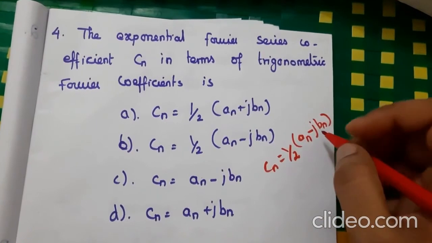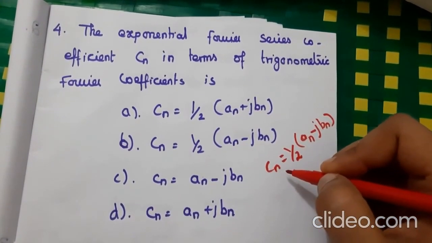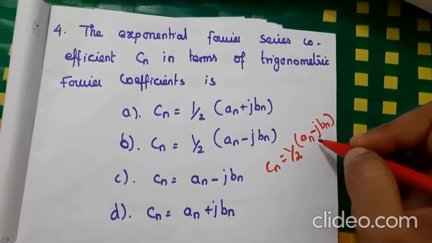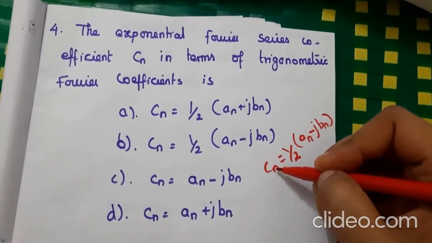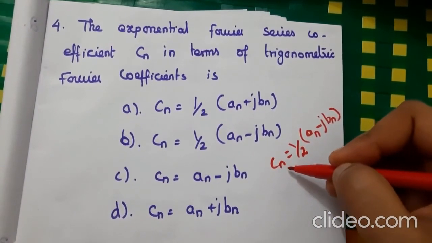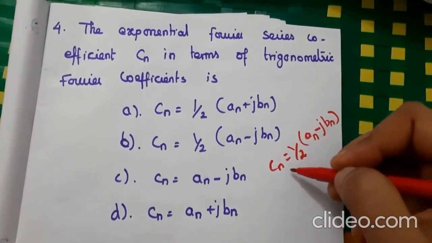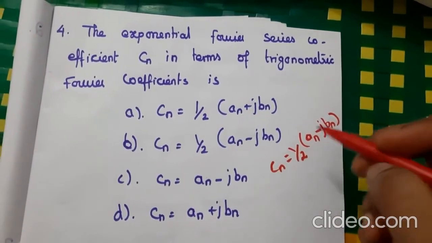So if you know this an and bn value, you can find the Cn value, and this is the trigonometric Fourier series and this is the exponential Fourier series. So this is the relation between the exponential Fourier series coefficient Cn and the trigonometric Fourier series coefficients an and bn. So here the answer is B.